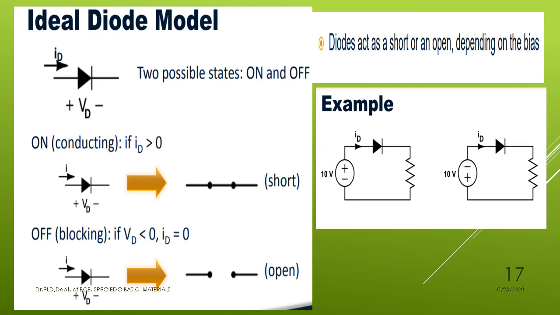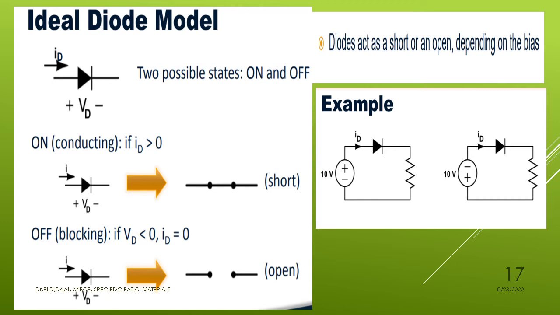That is, in the off condition, it is open. It is considered as an open switch. In the on condition, it is in the conducting state. If the diode is conducting, ID should be greater than 0. That particular period we call a conducting period.